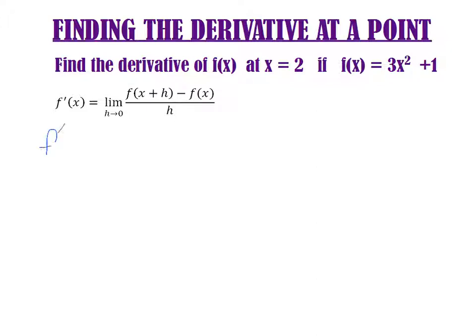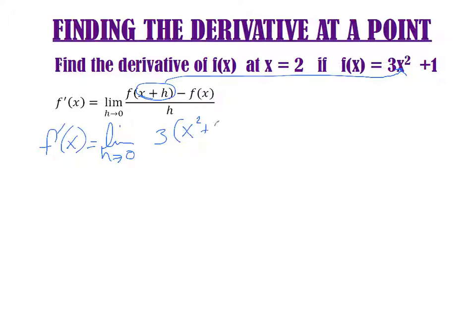Nice notation. The derivative is the limit as h approaches 0 of, I'm going to take x plus h and plug it in for x. I'm going to end up with a 3, and then recall that x plus h squared is going to be x squared plus 2xh plus h squared.